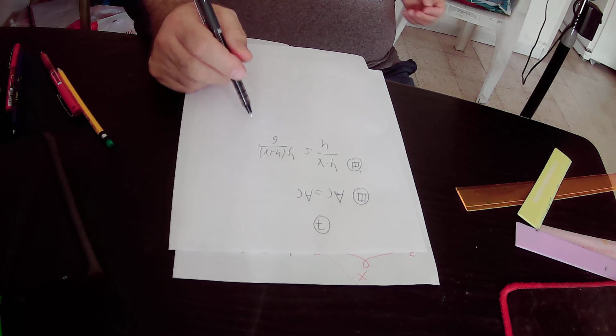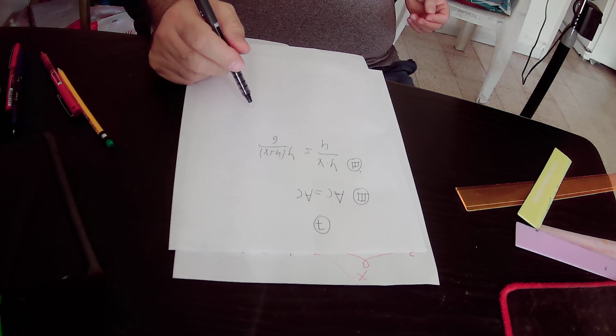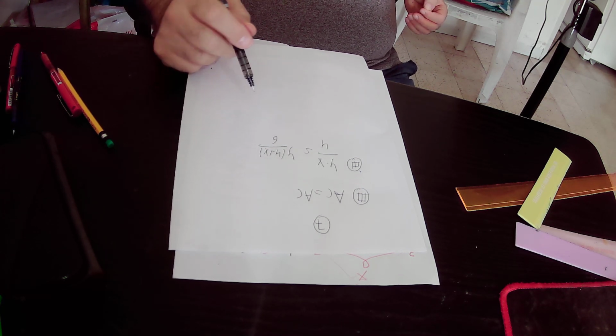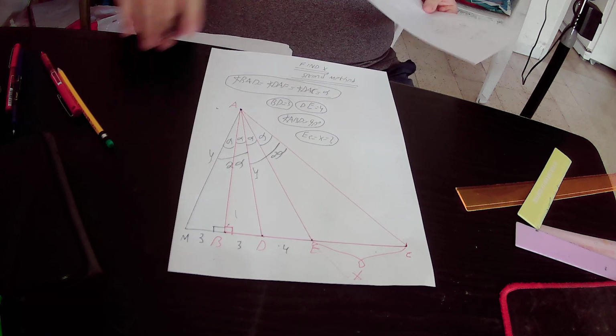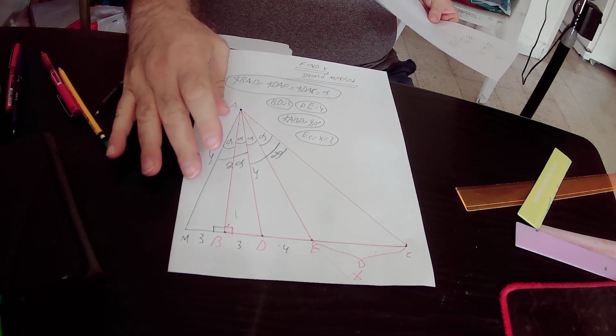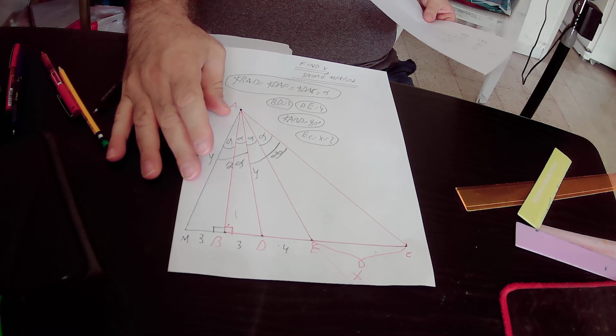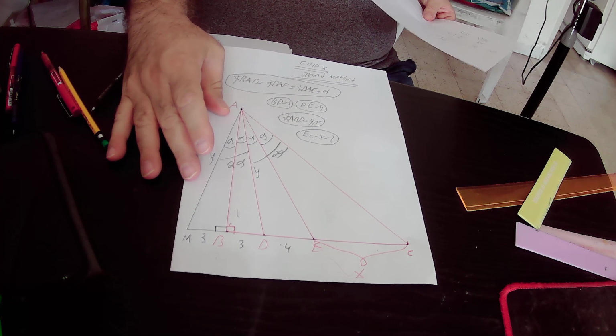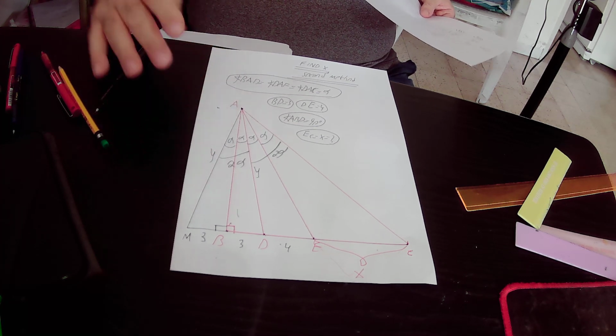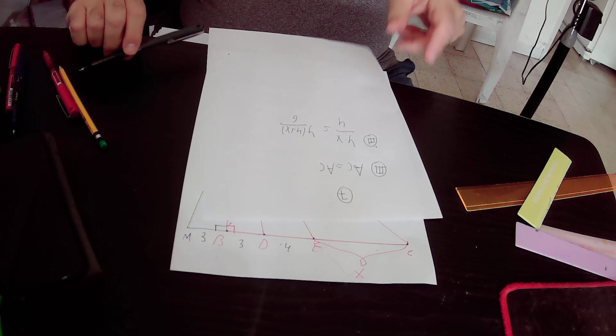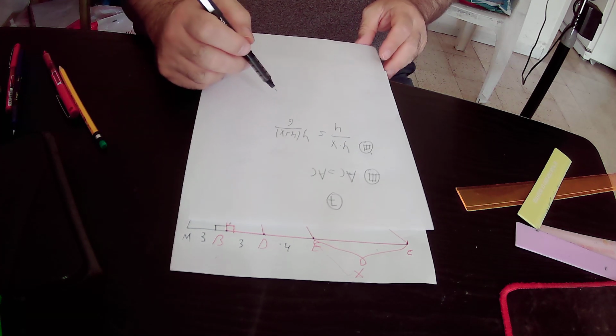It is allowable to divide equation number 3 by y because y is actually the side of triangle AMC. It must be a positive number. It can never be 0, so it is allowable to divide equation number 3 by y.